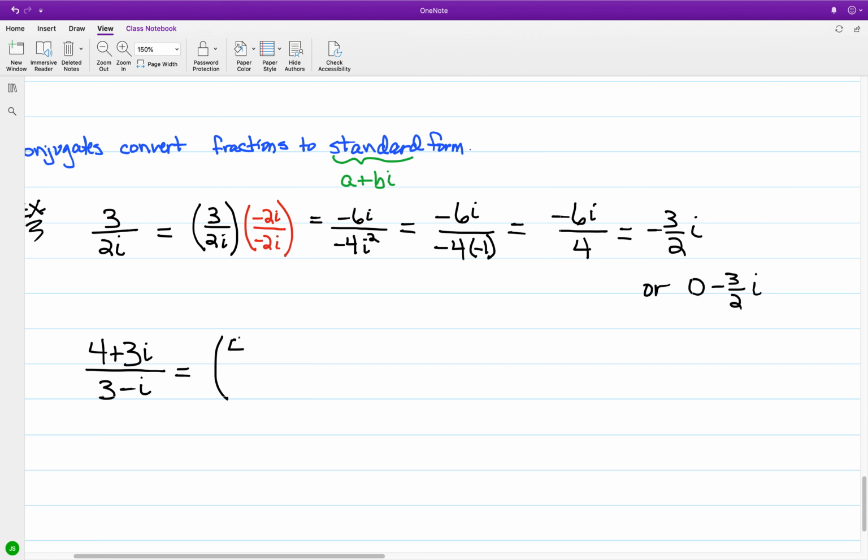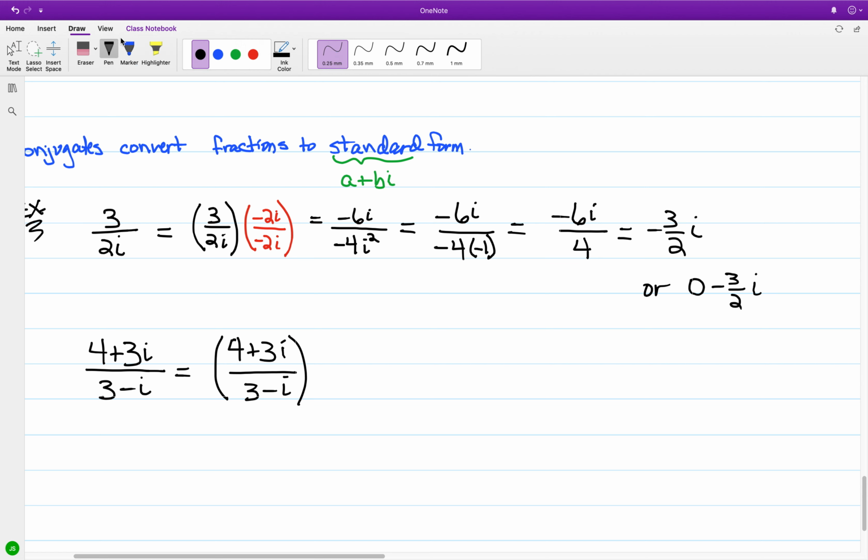For 3 minus i, the conjugate of the denominator is 3 plus i. I'm going to multiply this ratio by 1 in the form of 3 plus i over 3 plus i.